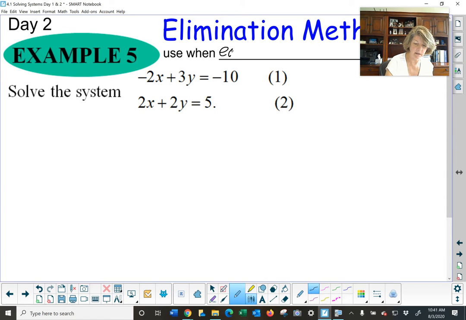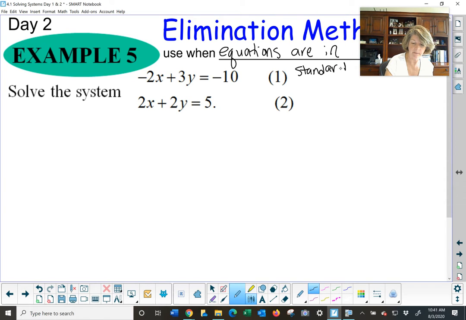When equations are in standard form, and we know what that looks like, that's that ax plus by equals c model. So we've got ax, by, c. So both of my equations 1 and 2 here are sitting in standard form.